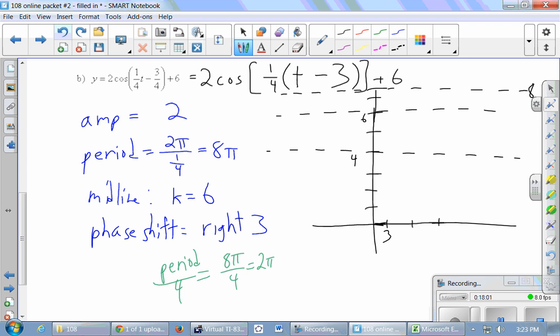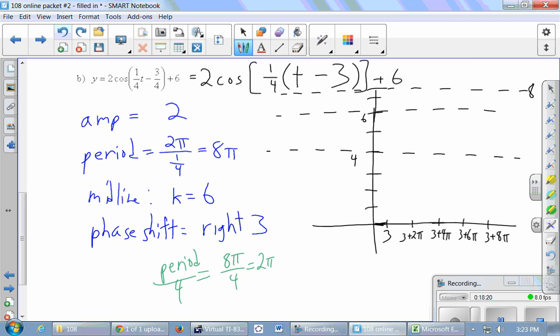And then we'll keep going that same amount a few more times. So this first t value is 3 plus 2 pi, and then add another 2 pi to that, 3 plus 4 pi, add another 2 pi, 3 plus 6 pi, and then finally 3 plus 8 pi. And I like to see that 8 pi pop up because we've already decided that that's the period. So if you are starting at 3 and then you just go 8 pi to the right, then you land on 3 plus 8 pi.